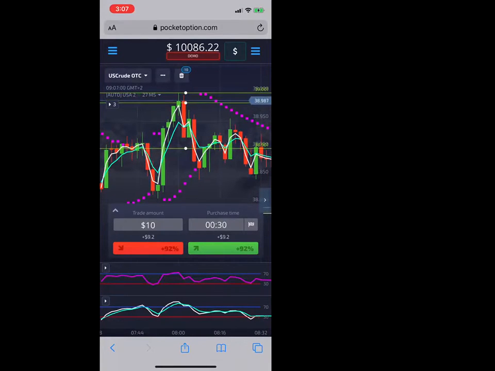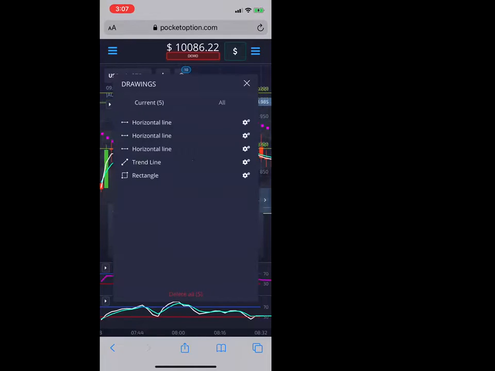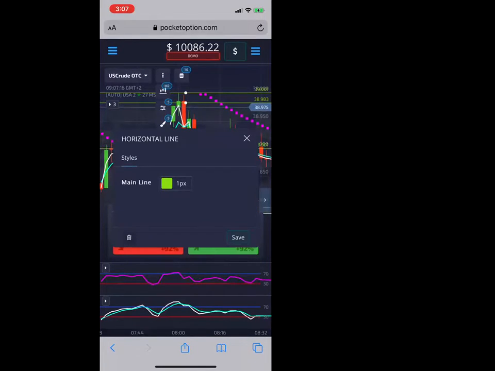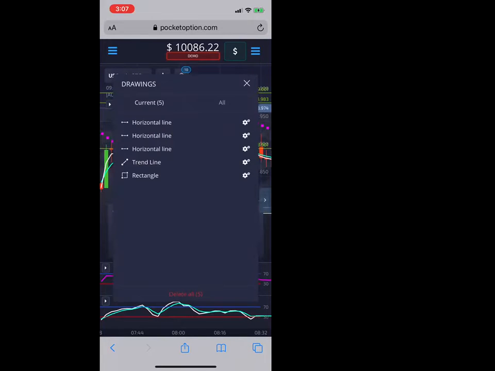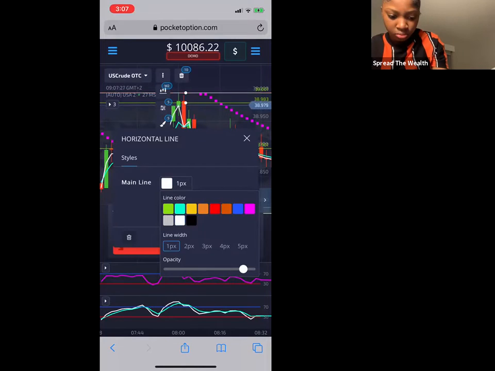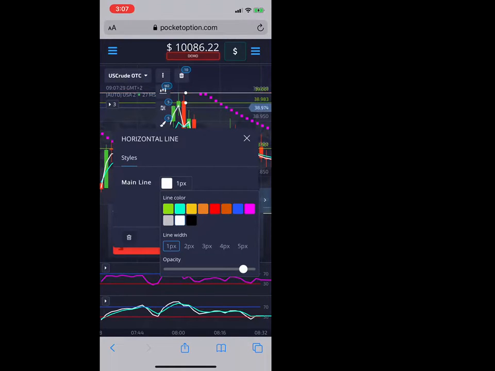I would change the color of my lines as well. Since I'm on the 2 minute, I would change this line here. I think it's this one. No, that's not it. I would change that to white. That's even better. So let's do 2 minute white line.